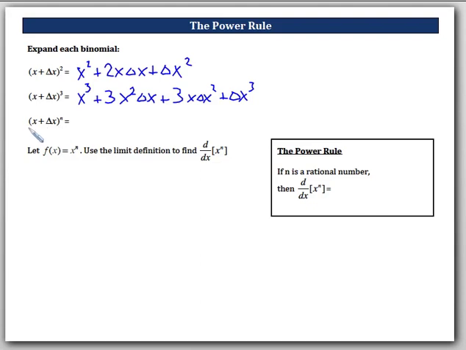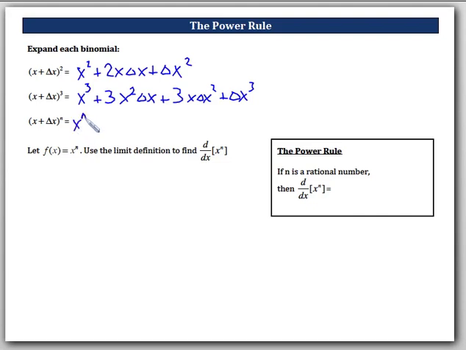Now the expansion, when we go x plus delta x to the nth power, you can kind of see what's happening here. The coefficients go using Pascal's triangle, and the x powers go down by 1 each time, and then the delta x powers go up by 1 each time. And so this is what that looks like mathematically.